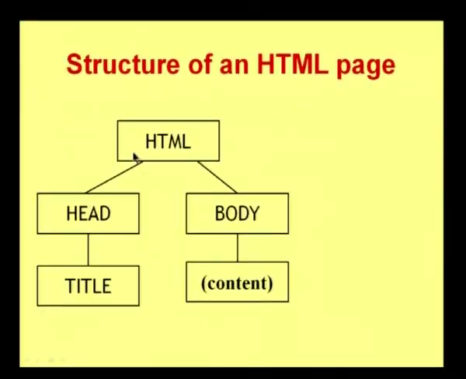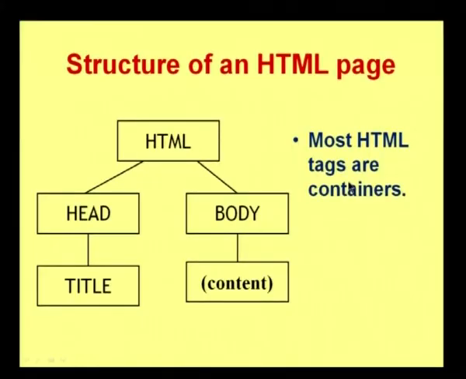You can see here the normal structure of an HTML page. We normally have a head and a body part. Inside your head part you can have all the metadata that is needed in order to process your web page, and then inside your body we need to specify what content needs to be displayed on the HTML page.